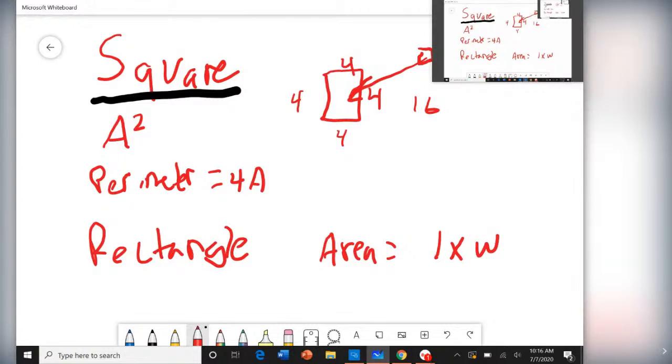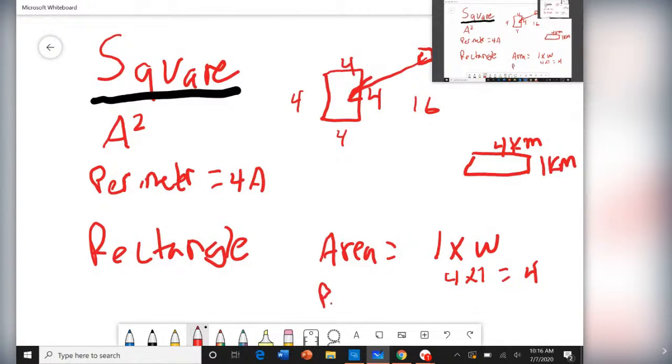I'll use the same one I used before. We have 4 km times 1 km. Your area is length times width, so it's going to be 4 times 1 equals 4.